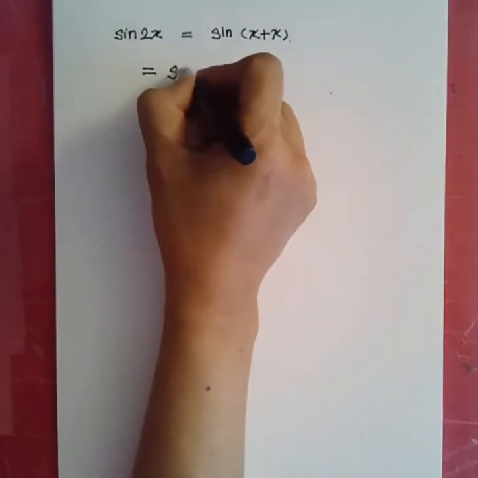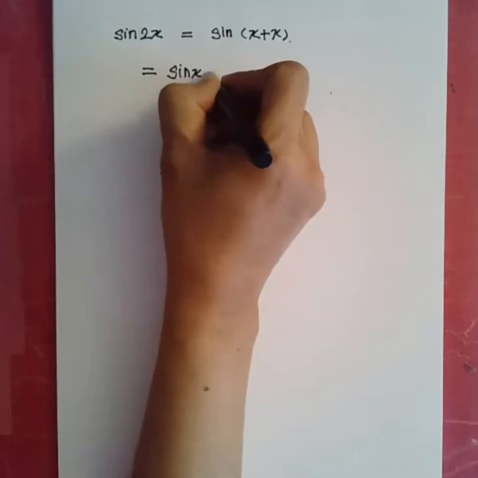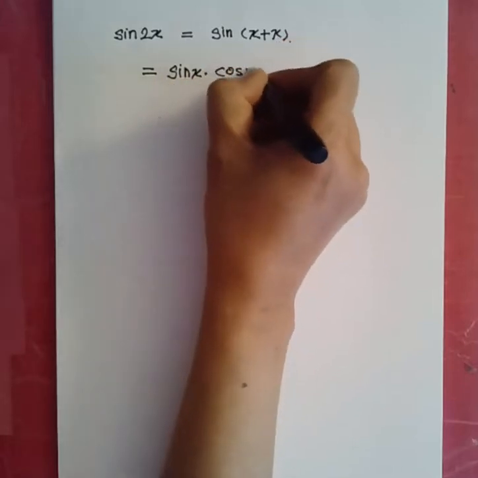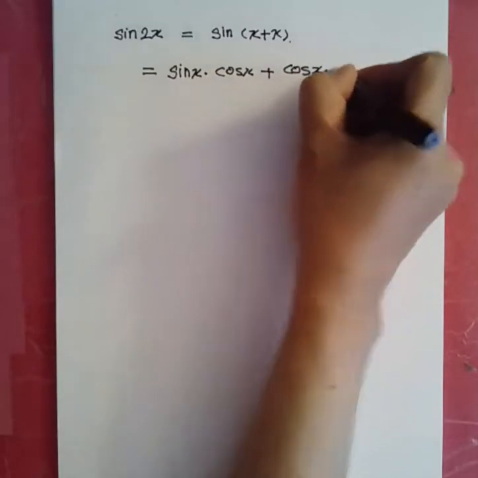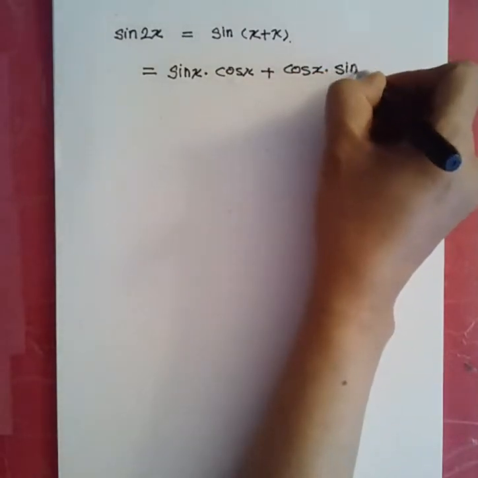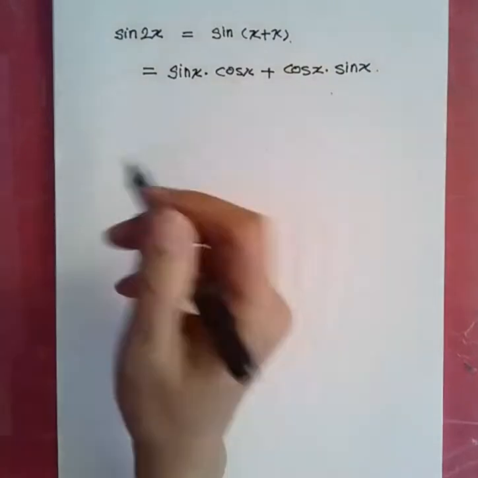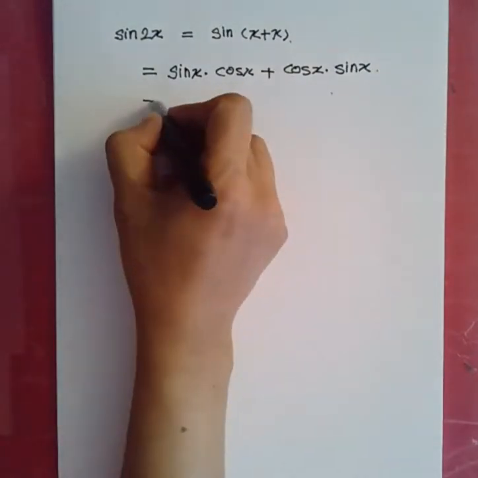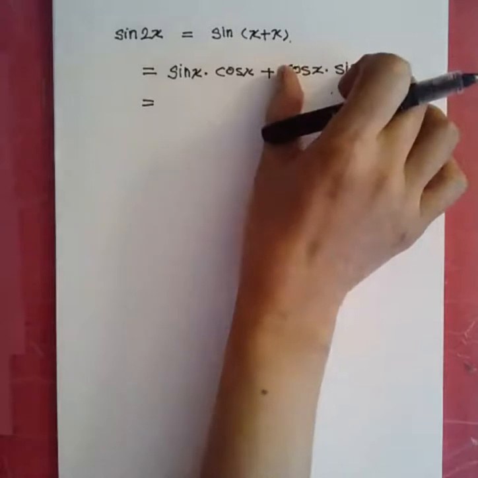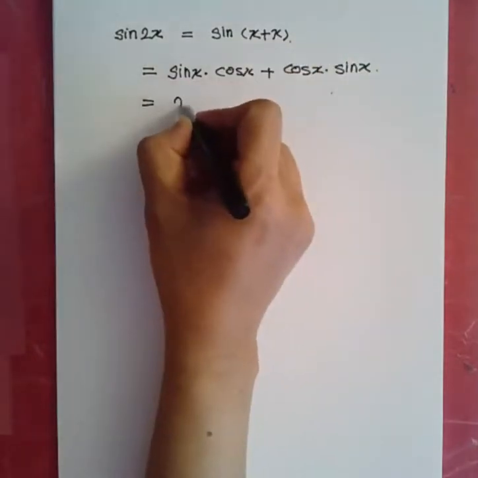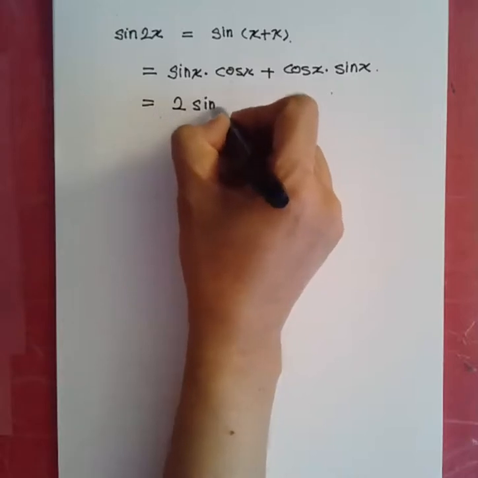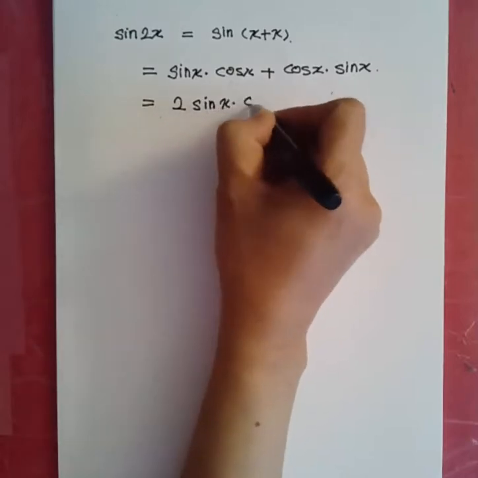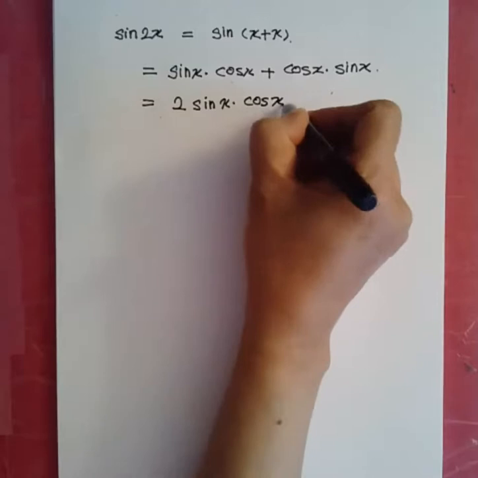The sum formula was sine of x times cosine of x plus cosine of x times sine of x. That was the formula from the previous section. Those are essentially the same, so we can combine to write 2 times sine of x times cosine of x.